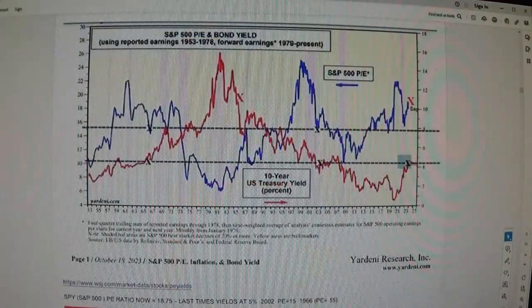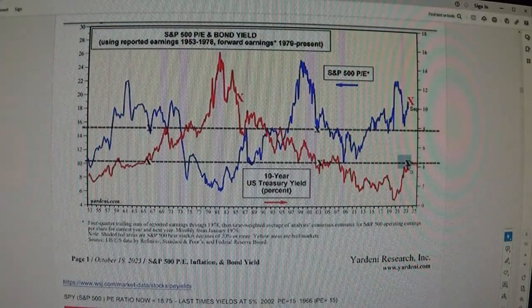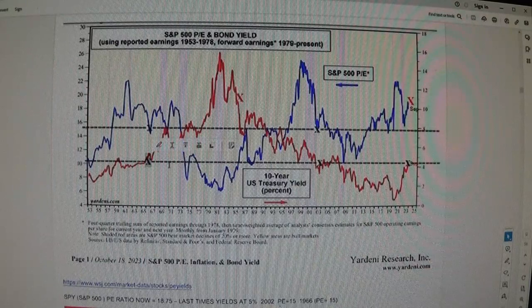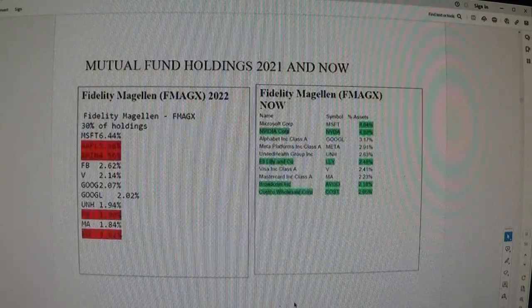So right now, it all has to do with the 10-year and 2-year yields, it seems. So the way things are going, like the 5% yielding times in the past, there's a very good chance the S&P will correct to a 15 PE ratio. So we have to be ready for that.